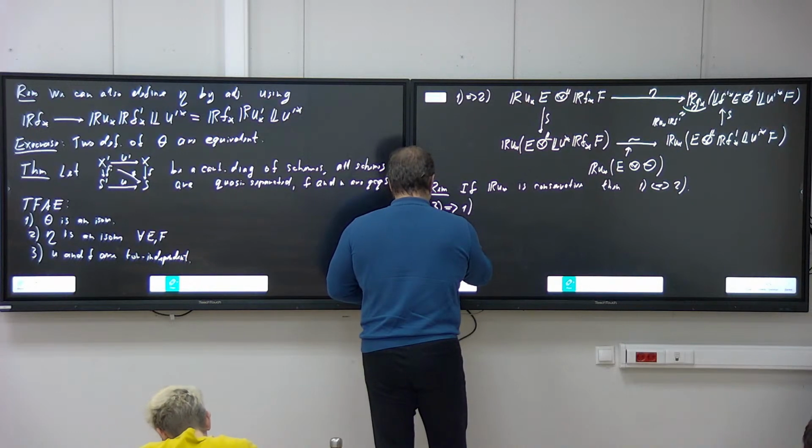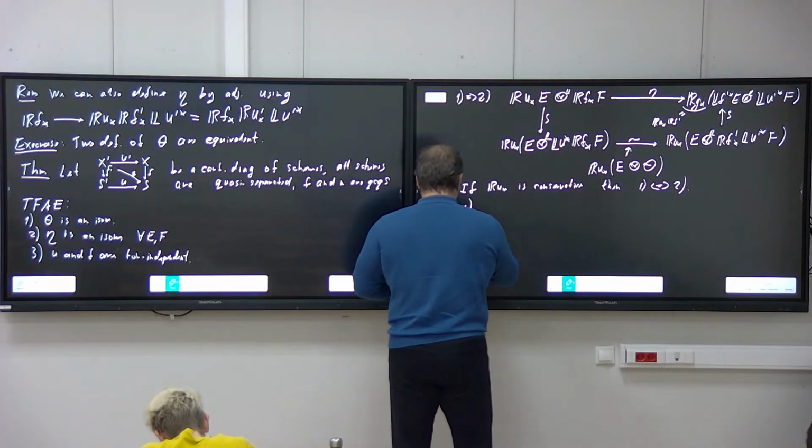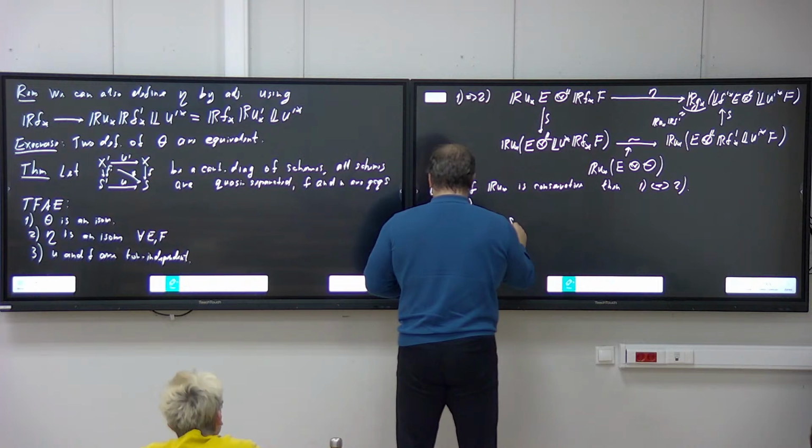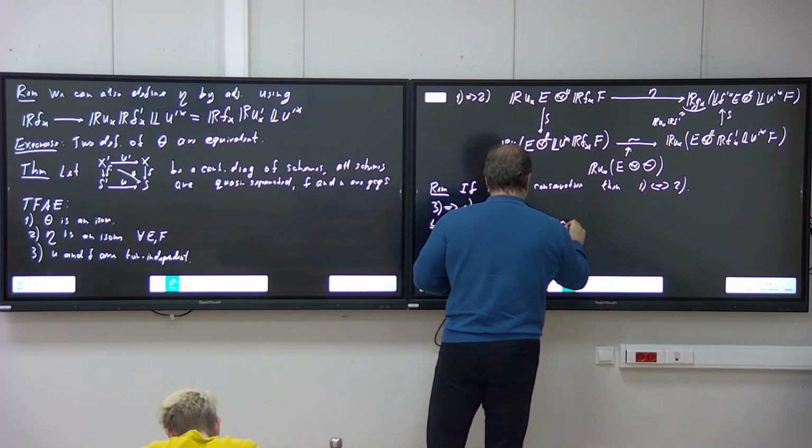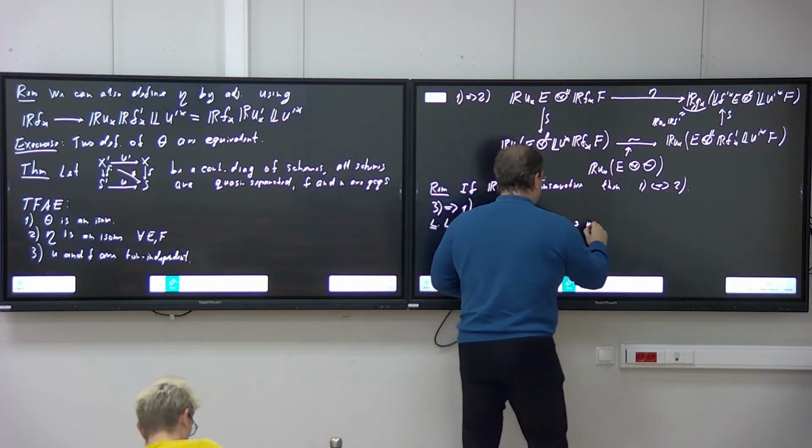In this lemma, I assume that f from X to S is a quasi-compact, quasi-separated map of schemes.